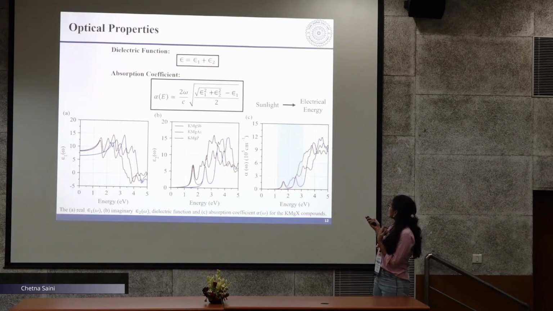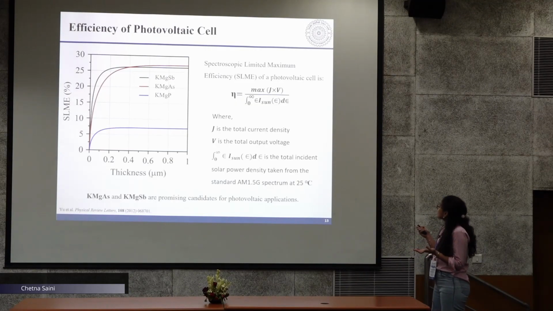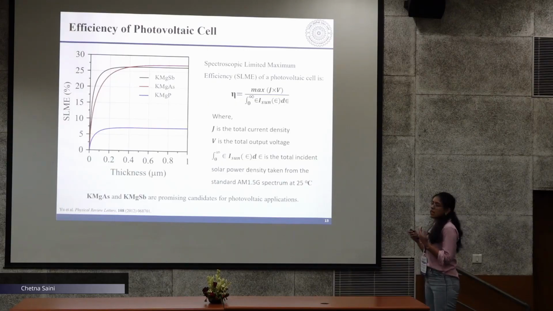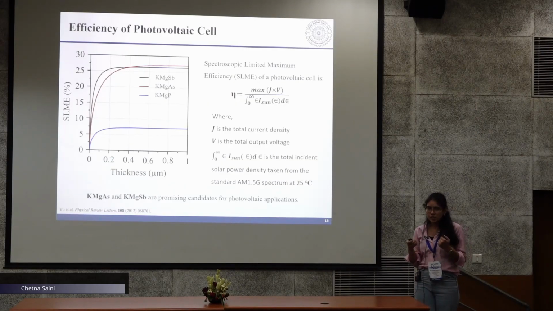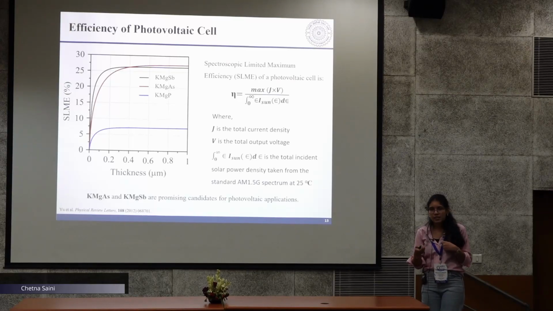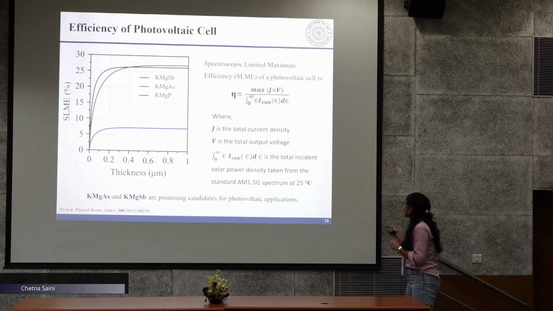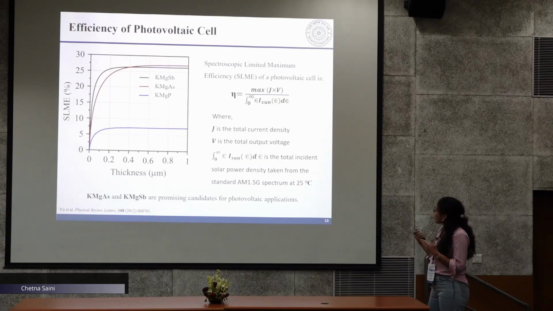We will next discuss how efficiently they absorb the light and convert it into electrical energy. For that, we calculate the efficiency of the material by using the spectroscopic limited maximum efficiency approach. By using this formula, we calculate the SLME values for all the KMGX compounds, where the numerator indicates the total output power density, which is obtained through this current voltage analysis, and the denominator indicates the total incident power density.